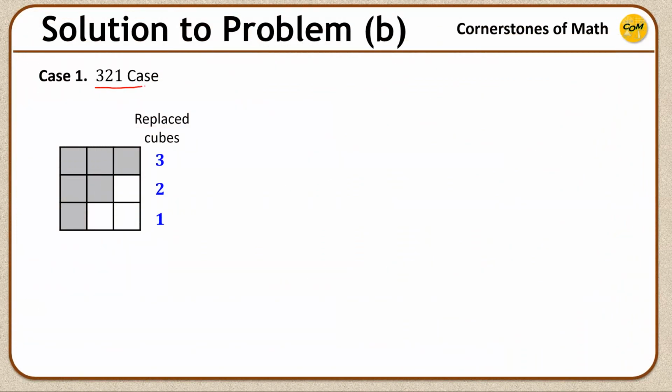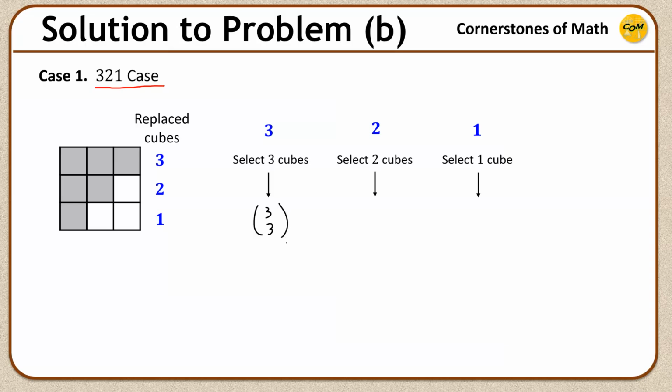As for the 3 to 1 case, we simply find the number of ways to replace cubes within each row. As for the row where we replace 3, there's only 1 way, or 3 choose 3 way. As for the row where we replace 2, there are 3 choose 2 ways. And as for the row where we replace only 1, there are 3 choose 1 ways.